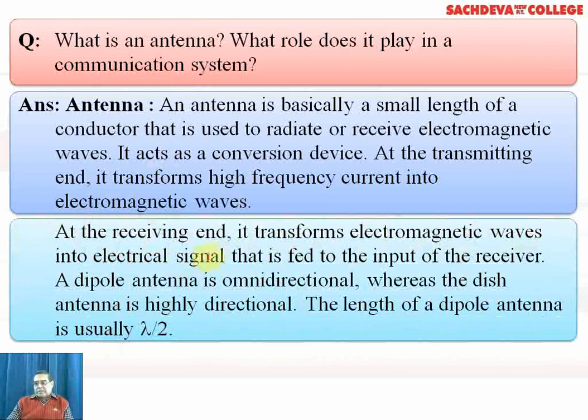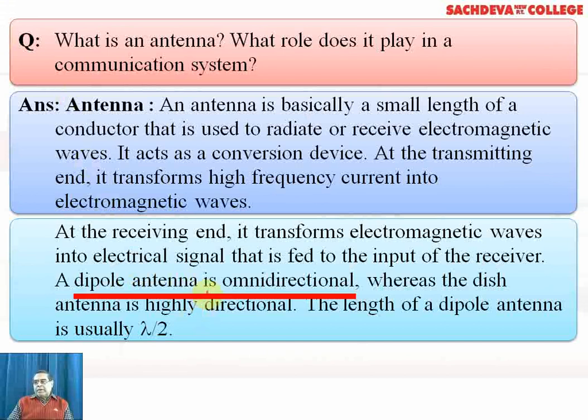That is called processing. That is fed into the input of the receiver, and the receiver is in the form of a transistor. Earlier, about 30-40 years back, receivers were in the form of a diode valve or a triode valve. Now, our new technology uses integrated circuits, which use NPN or PNP transistors.